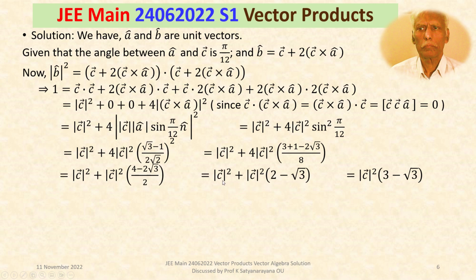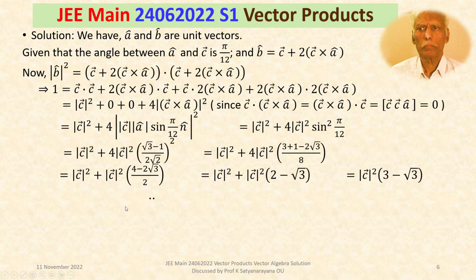So this will be mod C square plus mod C square into 2 minus root 3. So 2 minus root 3 plus 1, that is 3 minus root 3, and mod C square into 3 minus root 3. Therefore, I can get mod C square value.